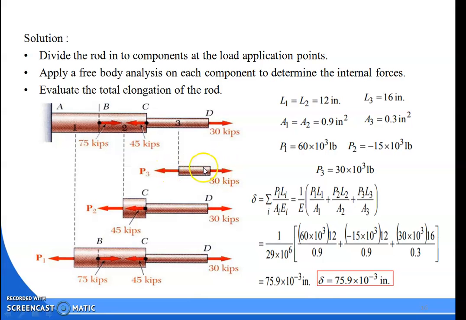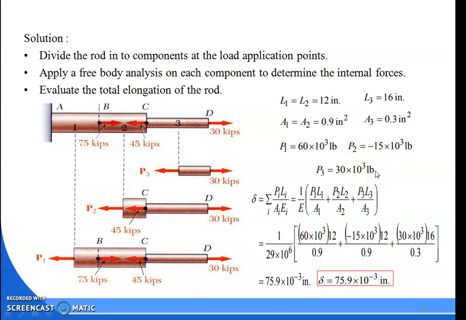Due to this load, the body exerts another force in this direction, and due to section 3, that force is known as P3. If it is 30 kips, then the opposite force is also equal to 30 kips. Here you can see it is written as 30 into 10 to the power 3 lb.